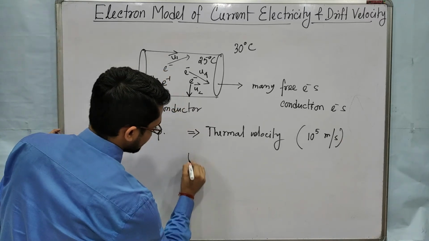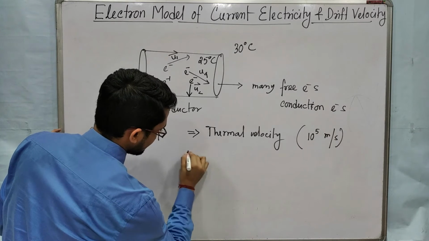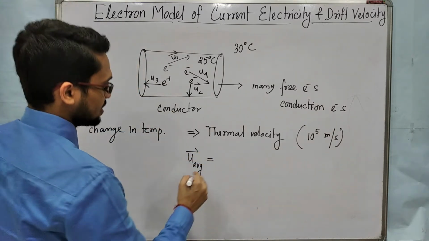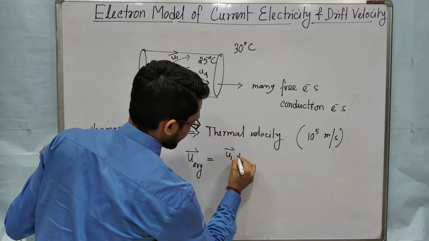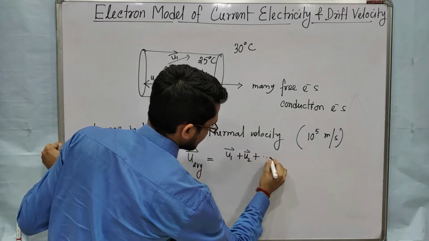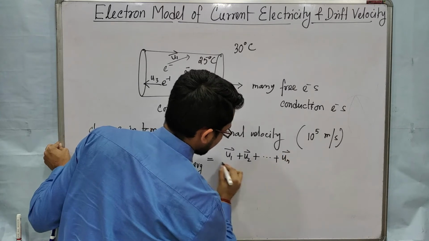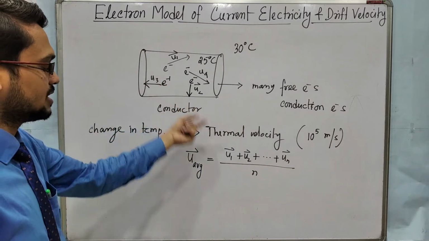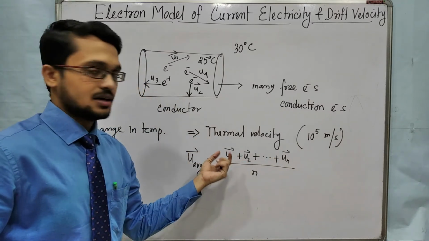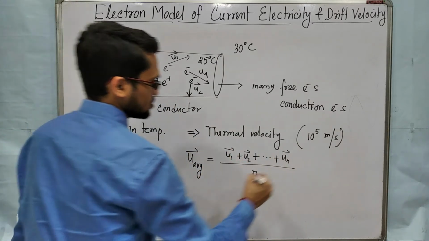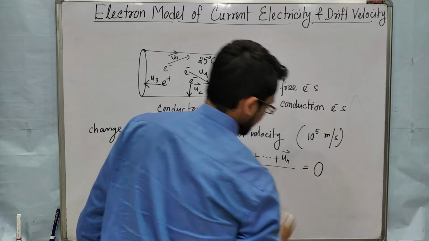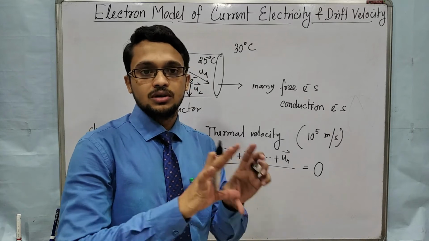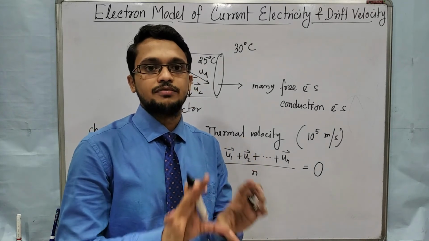So U average is the average of thermal velocity, that means (U1 + U2 + ... + Un) by n. This is the average velocity, and velocity is a vector quantity, so we have to add these quantities with vector addition. Ultimately it will be 0. Average velocity is 0 means there is no flow of electrons.